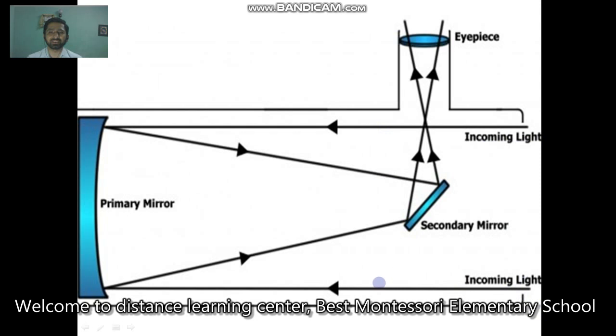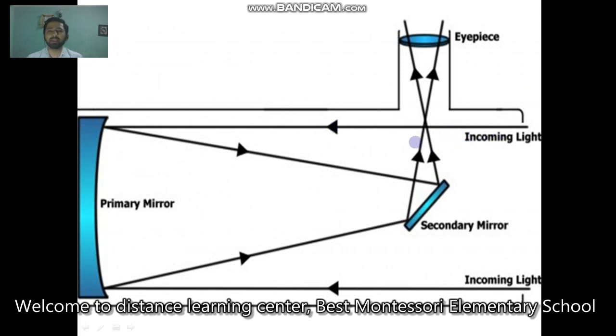There are two rays of incoming light, actually there are many rays. These rays are parallel because they are coming from infinity. Telescopes are used to view distant objects, objects very far from us. That means those rays coming from infinity, very far from us, are parallel rays.